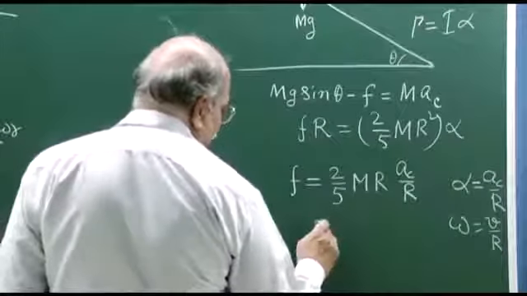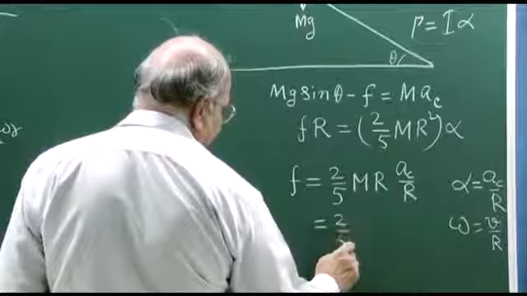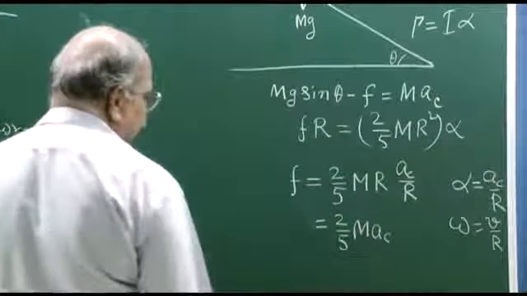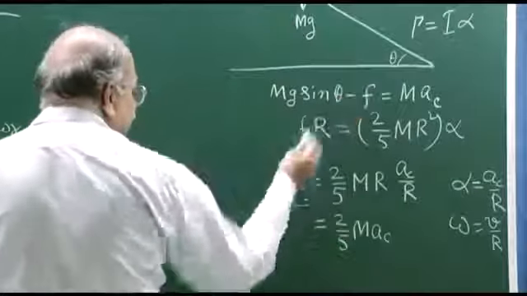And so this is 2 by 5 times mass and then acceleration AC, and this f you can put here.